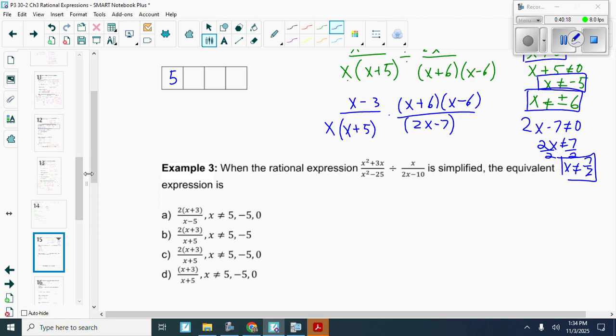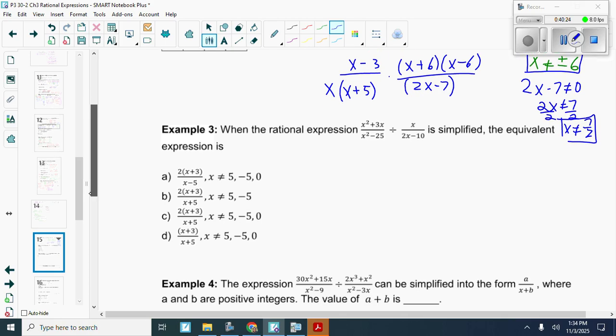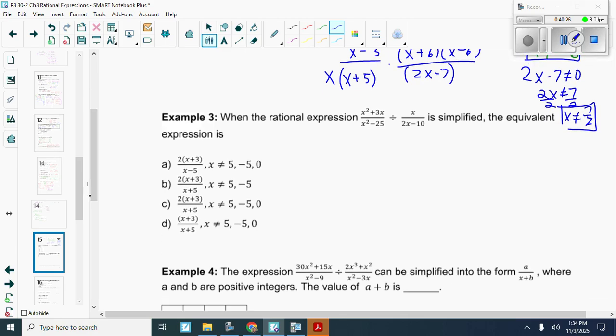When the rational expression is simplified, you just have to find the equivalent expression and its NPVs. Sometimes in a question like this, read it very carefully, because these two answers are exactly the same, except one of them has extra NPVs.